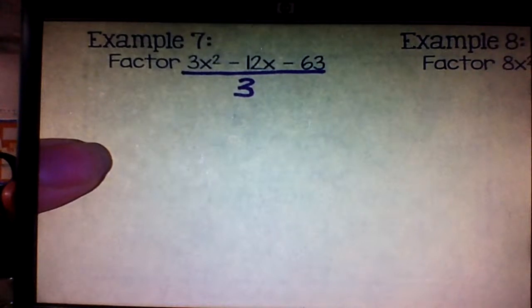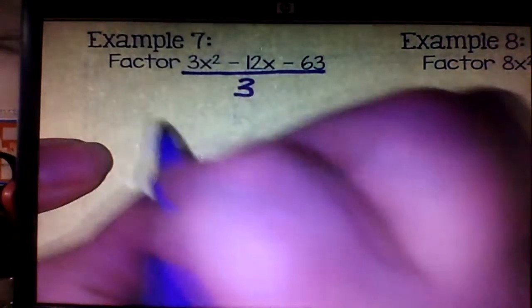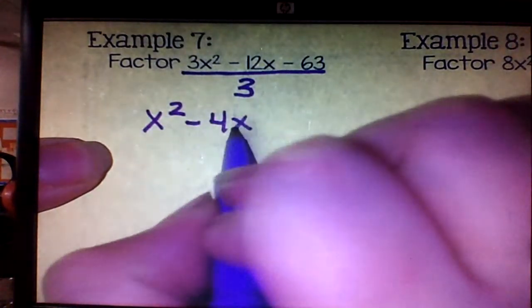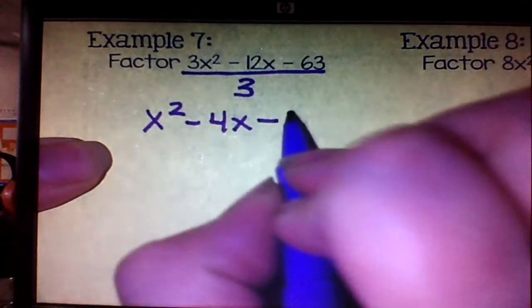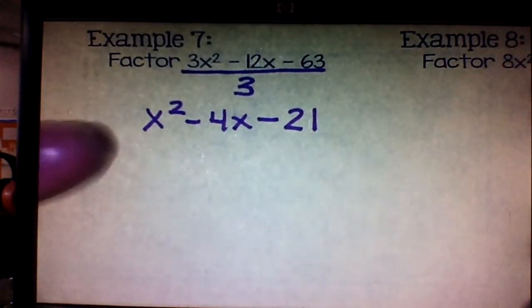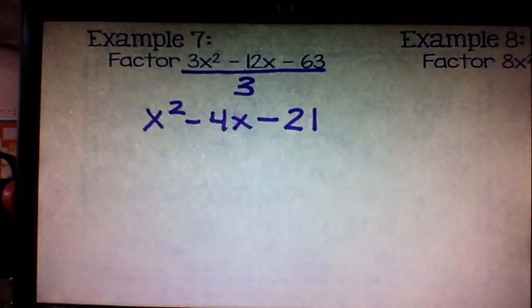So when I do that, I now have x squared minus 4x minus 21. Now I can factor that. Once I remove my greatest common factor, I can factor the trinomial that's left behind.